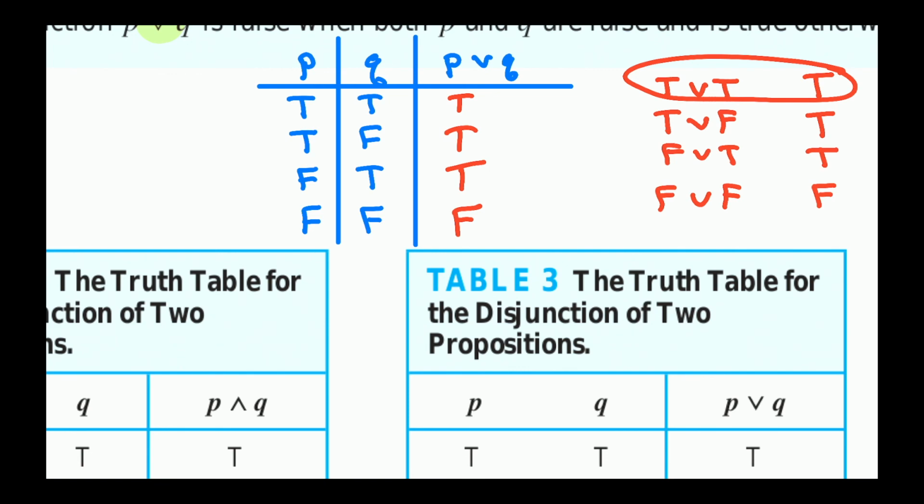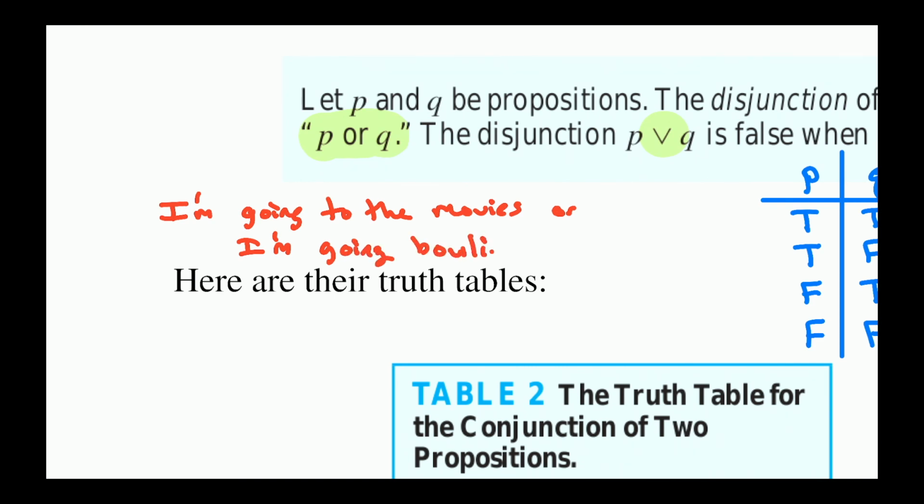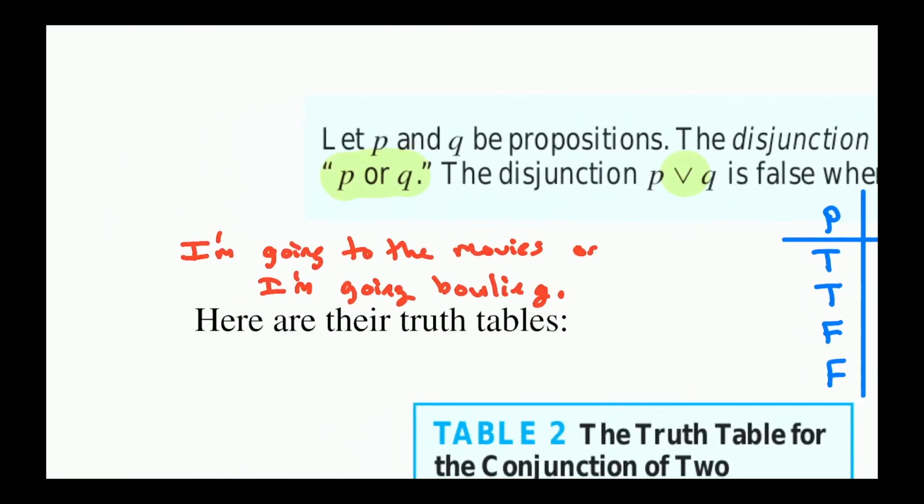Like if I make a statement like this, I'm going to the movies, or I'm going bowling. I don't know why we use bowling a lot, but we do. If I say I'm going to the movies or I'm going bowling, it makes it sound like I'm doing one or the other, right? But according to the definition of or, I could be doing both.